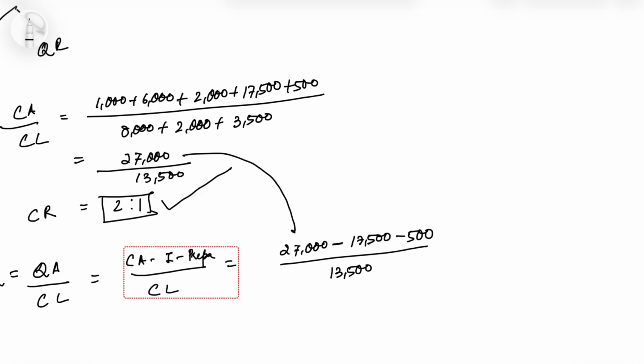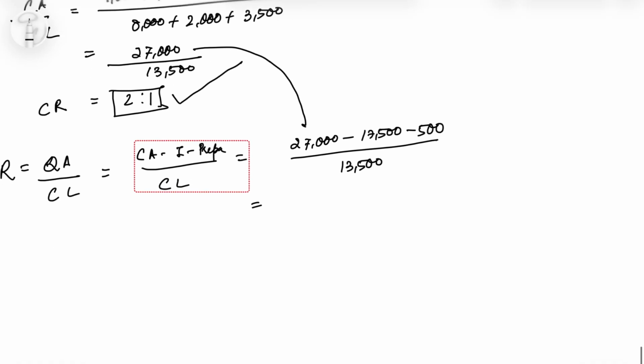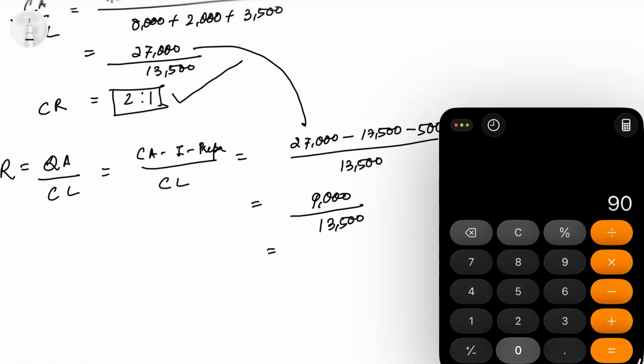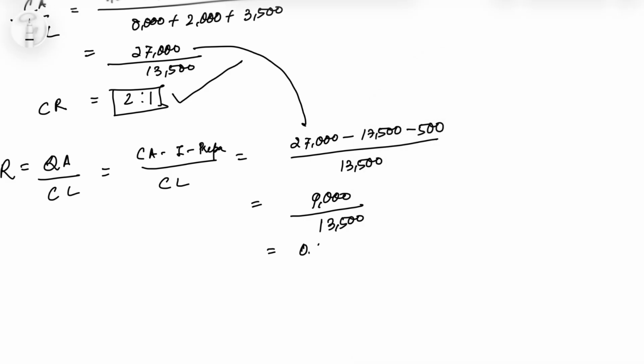So the quick assets are 9,000, divided by 13,500. So 9,000 divided by 13,500 is 0.67 is to 1.